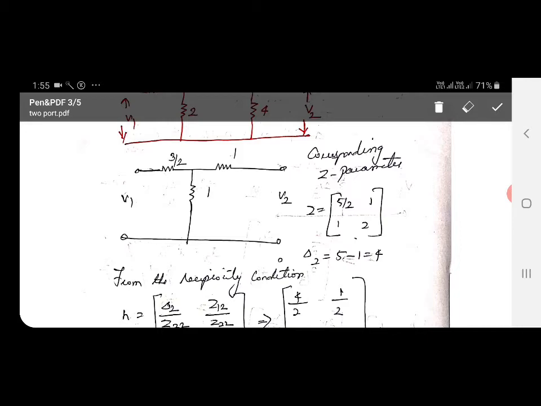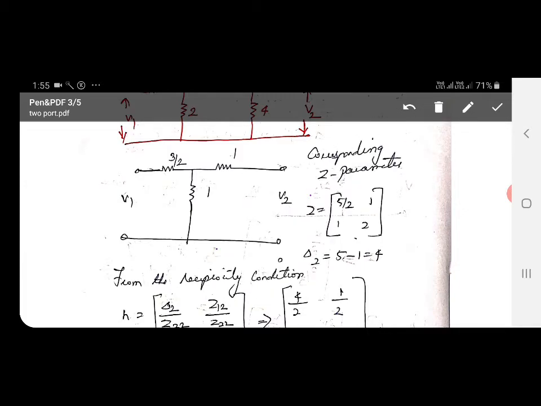For the Z matrix, the corresponding Z11 will be the addition of these two resistor values, that is 3 by 2 plus 1, which is 5 by 2. Then Z12 is equal to Z21, which is 1.